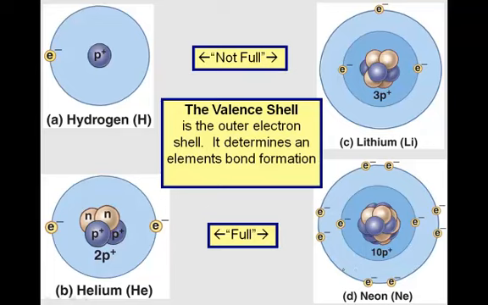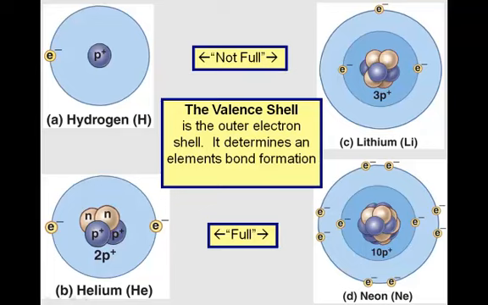So you can see here that helium has a full outer shell with 2 electrons because it's a single valence shell, and then the neon has 8 electrons and is full. Helium and neon have a tendency to not be reactive because they have full outer shells, and it's along these outer shell electrons that atoms are going to react with other atoms.